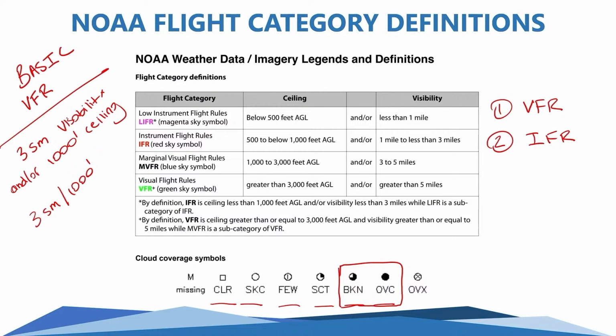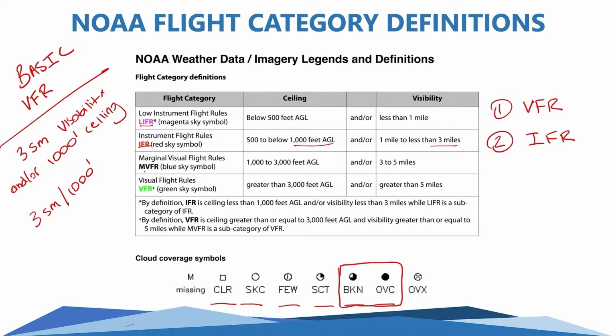Now the weather folks are basically going to define low IFR as anything below 500 feet and less than 1 mile. You'll notice they'll categorize it as a pink category. IFR, which is really true IFR, basically anything less than 1,000 foot ceiling and less than 3 statute miles, I would agree with that, is going to be instrument flight rules.